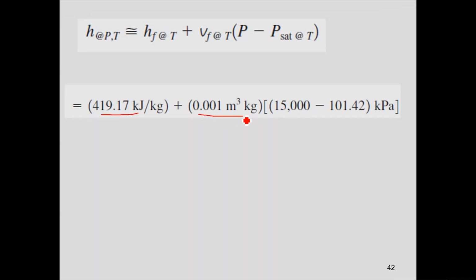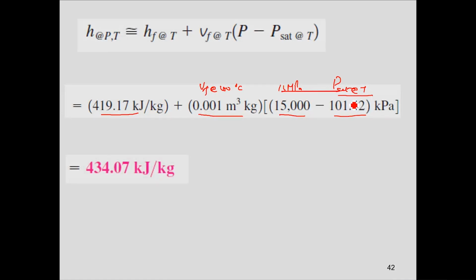This is the vf at 100 degrees centigrade saturation temperature. This is the pressure, which is 15 megapascal given to you, and this is the pressure P at saturation temperature.